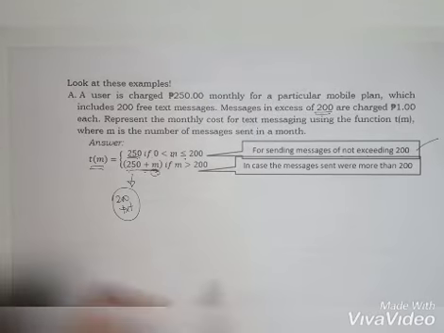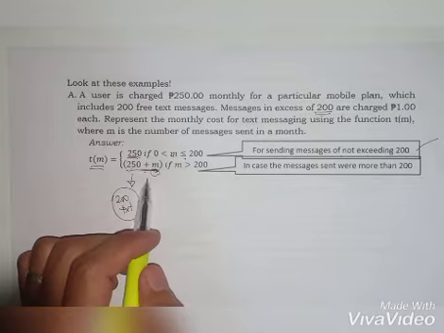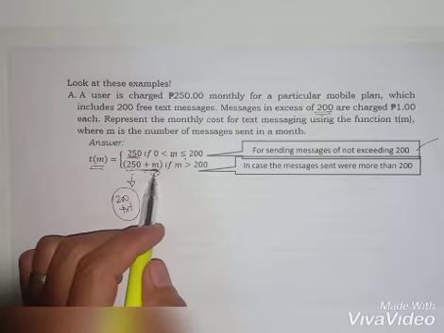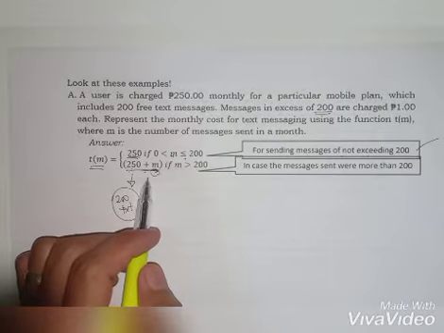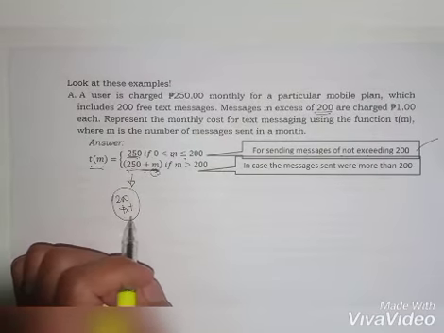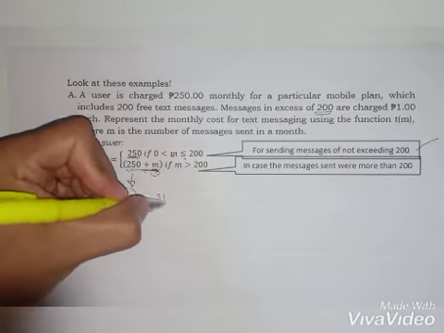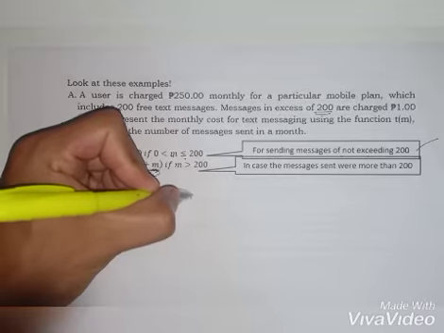Messages. But once it exceeds, you simply add how many is the excess, or how many messages exceed. Let's say it exceeds 5 messages, so you have 250 plus m.